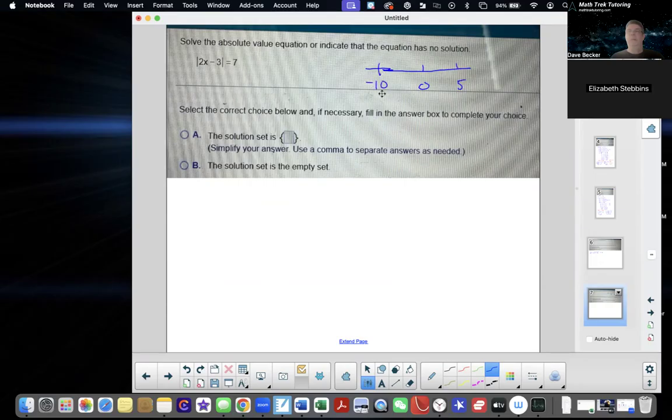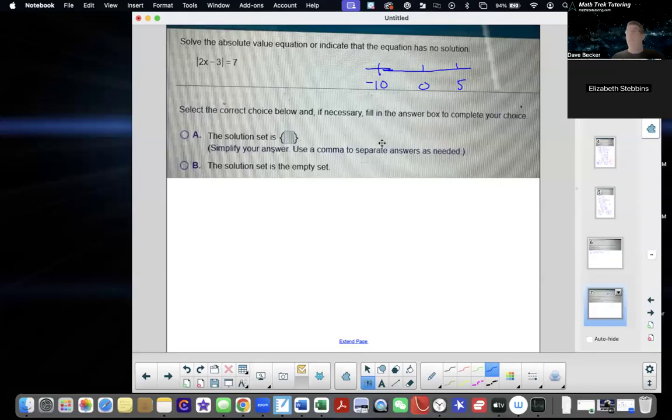Well, -10 is 10 units away from zero, right? No one ever says, how far away are you from that wall behind you? No one says, oh, -10, it's behind me, so it's negative, right? Distance is always positive. So that's what absolute value is for. It's the distance from zero.